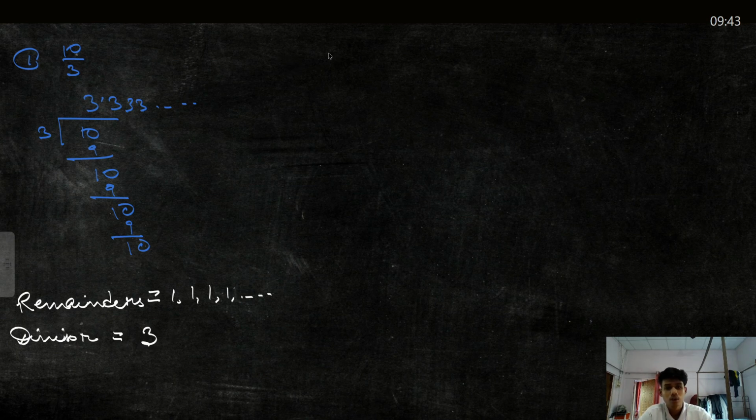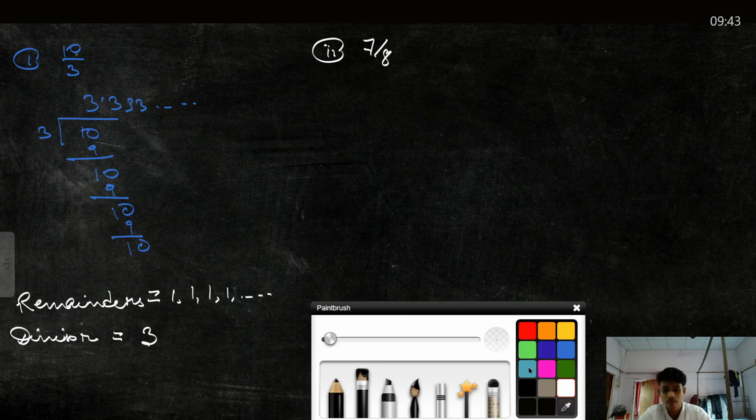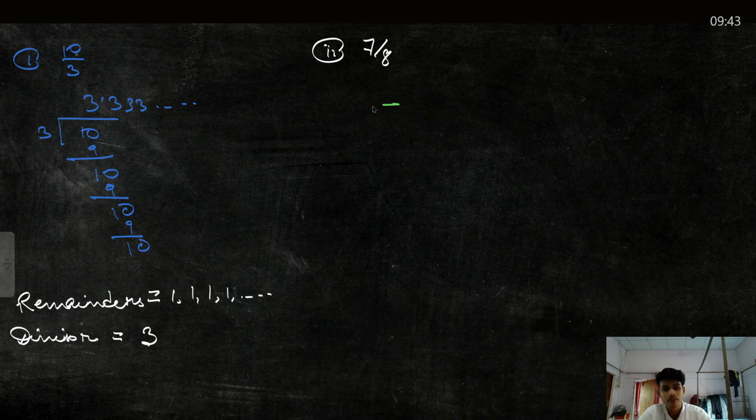Similarly, we will take the next example, that is 7 divided by 8. Now 8 is greater than 7, hence we put the quotient as 0 first.